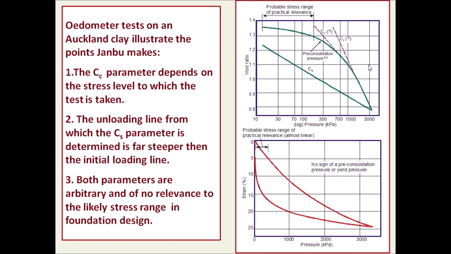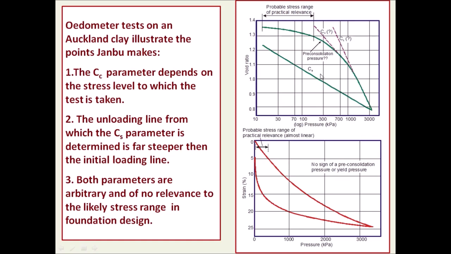If we do take it that high, this section here does look fairly straight, so we're not actually using a line that's totally outside the plotted data. But if, as is normal with odometer tests, you only go up to 700 or a bit over 1000, then you're going to put a line here which is tangential to this curve, and the slope of it is going to be different from this line. You can also determine a CS value from this line here.